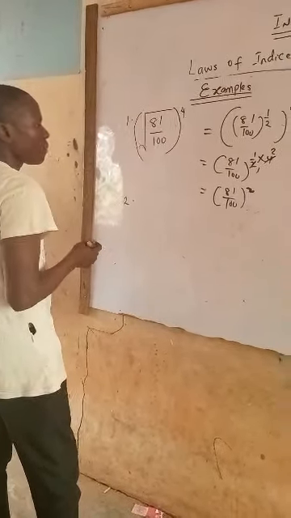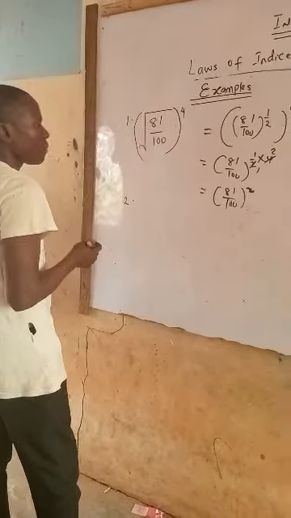What if you have your question in this form? How are you going to do it? The first step you have to take here is to express your numerator and your denominator in standard form.